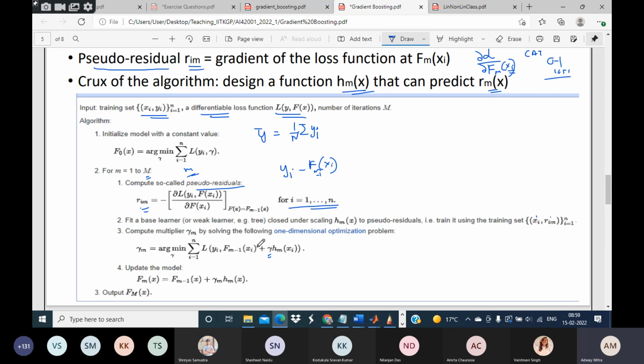You do that by solving the optimization problem I told earlier. That is, you define the loss function like this, which is defined in terms of gamma, and then optimize it with respect to gamma. That is, I am choosing the value of gamma so that this is optimized, and then I update the model. By the way, here it is written as plus.